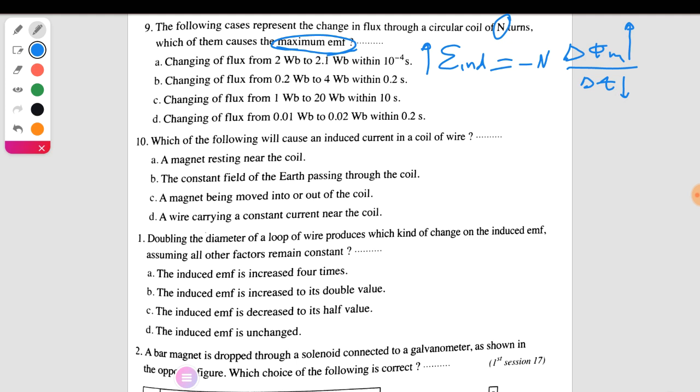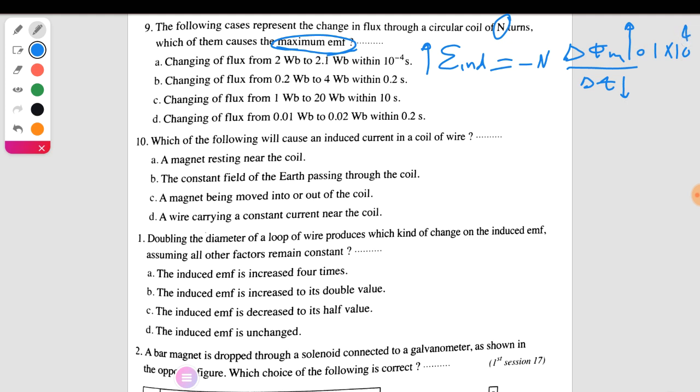So we can calculate it: 2.1 minus 2 equals 0.1, divided by 10 power negative 4, equals 0.1 times 10 power 4, equals 10,000.